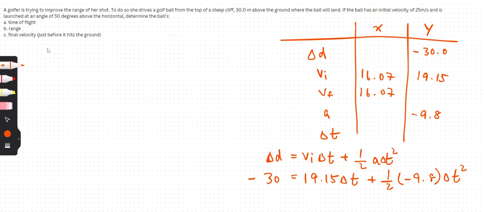Again, we can simplify this. Actually, you know what? I'm just going to simplify this right here. Negative 9.8 divided by 2. That's negative 4.9.